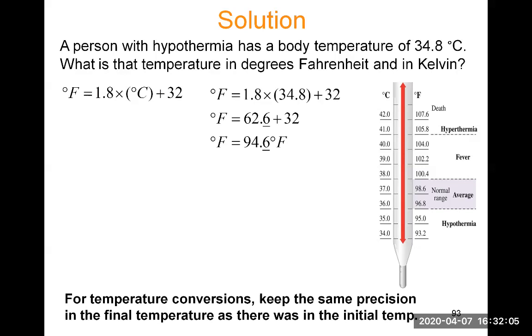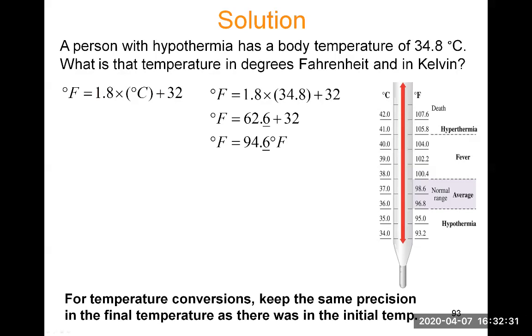Notice how here we keep 1 decimal. As you can see on the bottom there, for temperature conversions, we do not follow the regular sig figs rules. Unfortunately, it's a different rule. You need to keep the same precision in the final temperature as there was in the initial temperature.